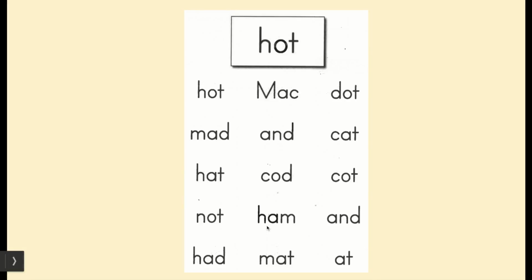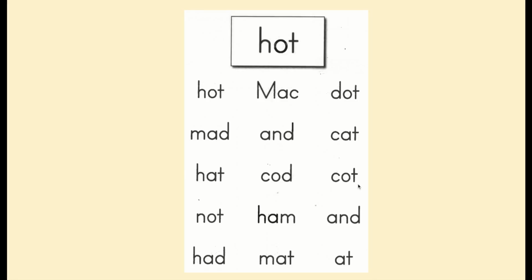It ends with the sound like moon. What sound does caught begin with? It begins with the k sound. What sound does caught end with? It ends with the t sound.